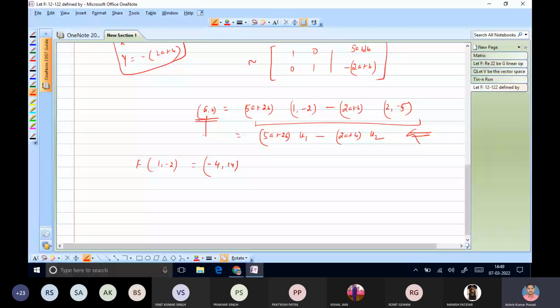So when you substitute the values of a and b here, 5 into -4, 5 4s are 20, and 2 into 14, 2 14s are 28. 28 minus 20 is 8.